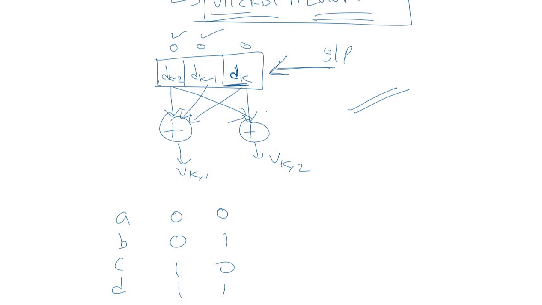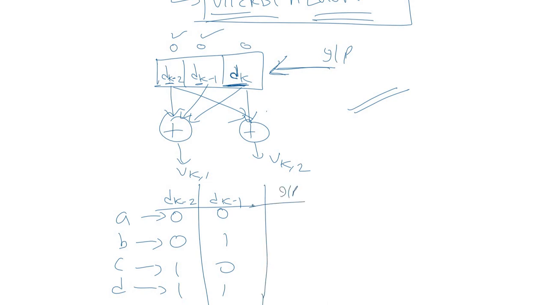We are talking about these 2 terminals, DK-2 and DK-1. These are the 4 possible combinations, and we assign them as 4 different states, A, B, C and D. And the input can be either 0 or 1. Based on this information we can easily make the state transition diagram.